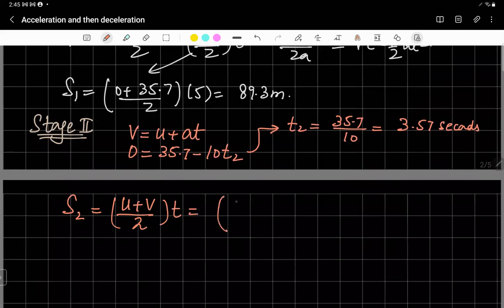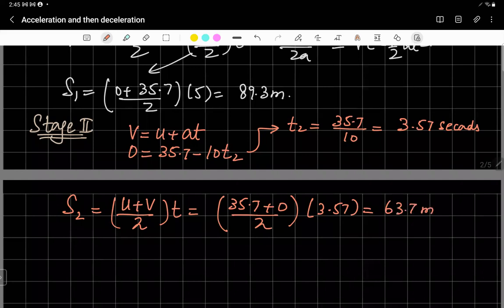Initial velocity of this stage is 35.7, final is 0, over 2, and the time is 3.57 seconds. What is the answer? 63.7.